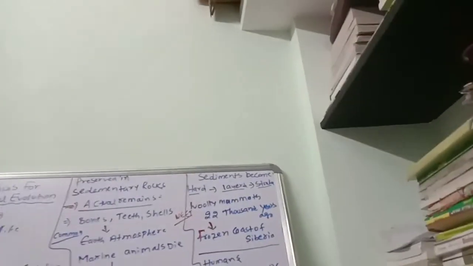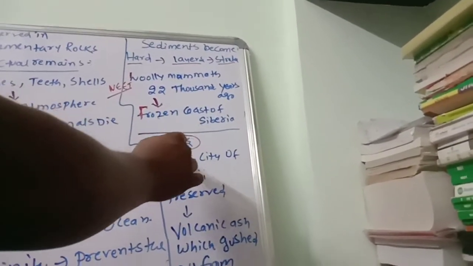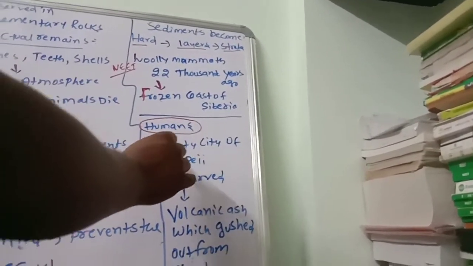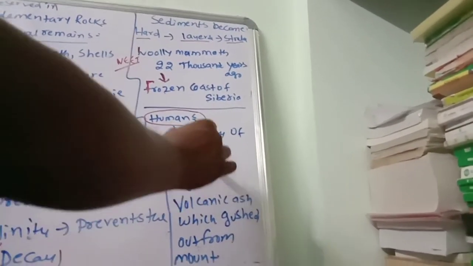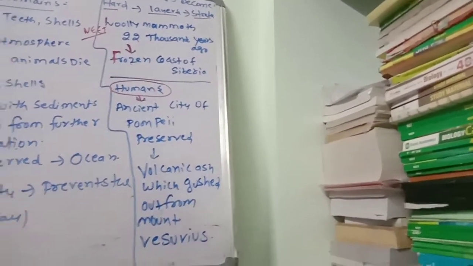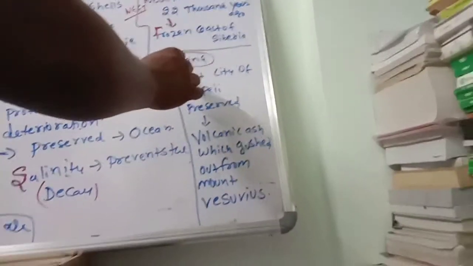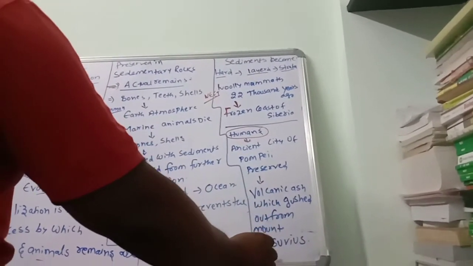Next one, humans. The ancestors of humans, in the ancient city of Pompeii, were preserved. How were the human remains preserved? Because of volcanic ash which gushed out from Mount Vesuvius.